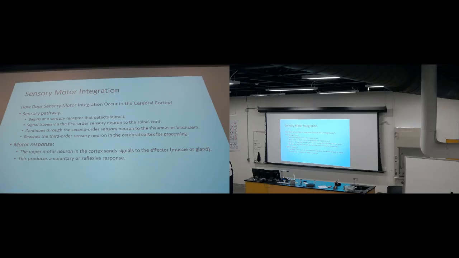And then the second order neuron brings that information into the thalamus, but also into the brainstem, depending on the level of that second order neuron, where it's going to reach. And then your third order neuron will reach the cortex, and then you will make sense of what stimulus you are receiving.